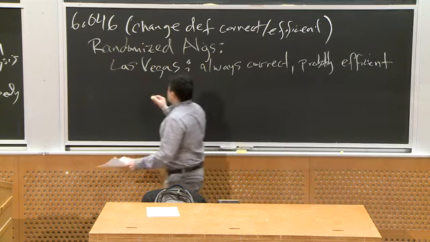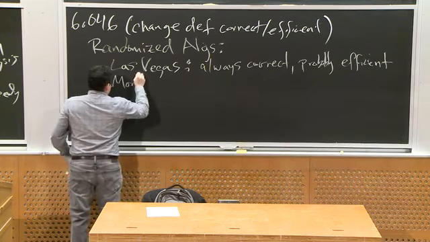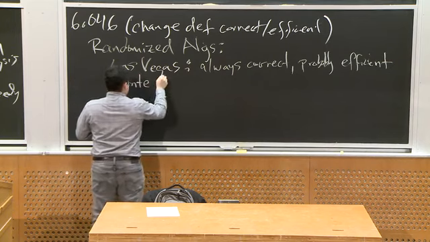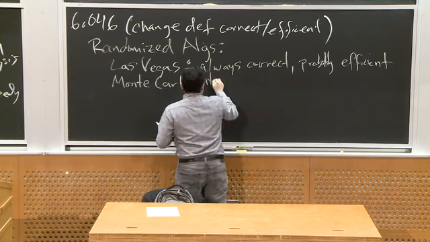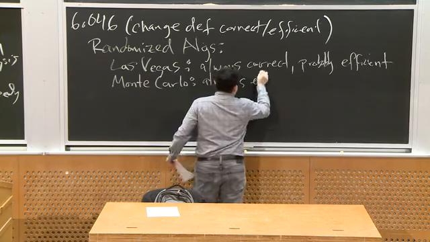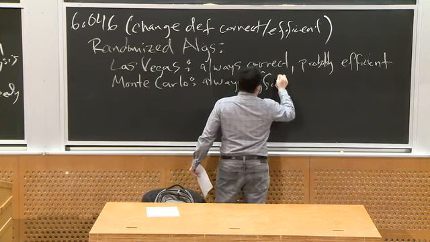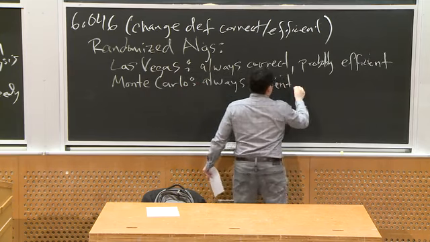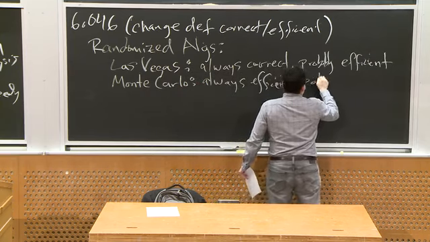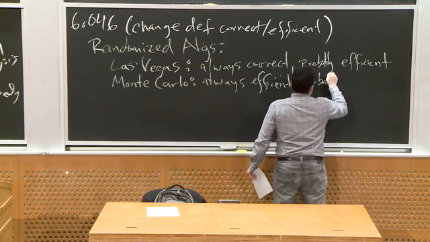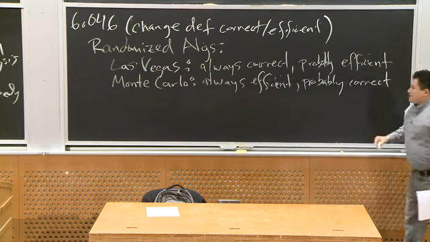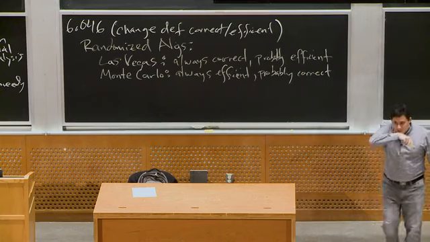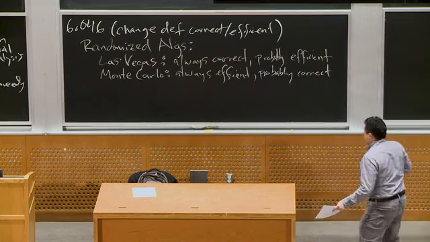Okay? And this is in contrast to a Monte Carlo algorithm, which is always efficient for some definition of efficient, but only probably correct. I could define a hash table that has Monte Carlo semantics instead, right?